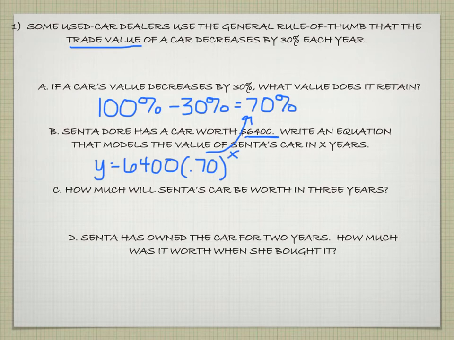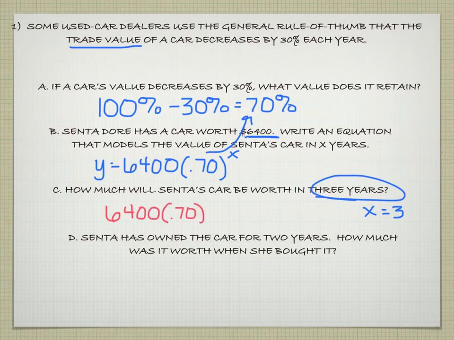To the power of x, where x is how many years since now. So I want to know how much will her car be worth in 3 years. That means I'm going to put 3 in for x. So I would do 6,400 times 0.70 to the power of 3.